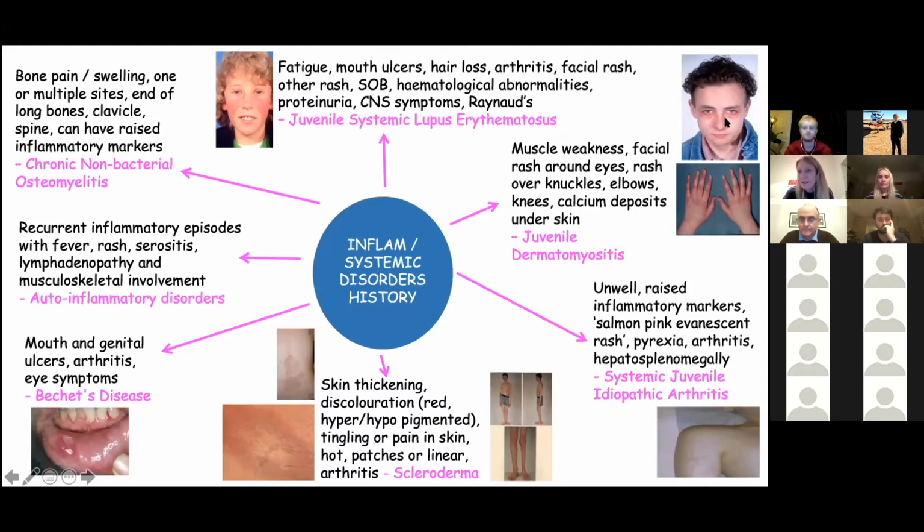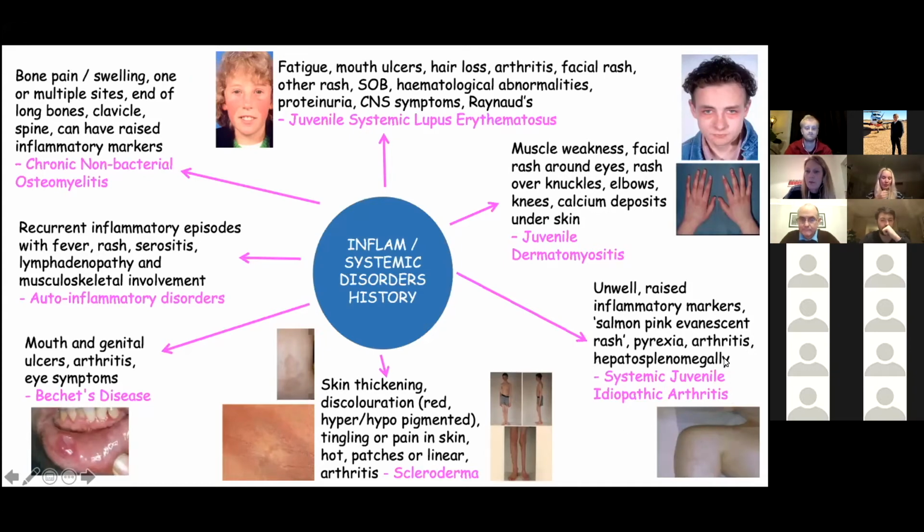You can see around the eyes, there's a heliotrope rash. Sometimes they can have a malar rash. And they have muscle weakness, which is more usually proximal, so shoulders, the thighs, than it is distal. And if they've got inflammation in their skin for quite some time, they can get calcium deposits in the skin.